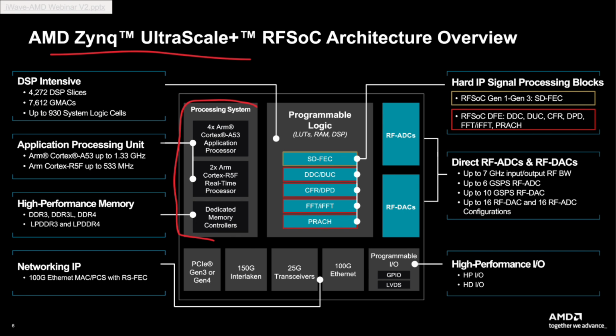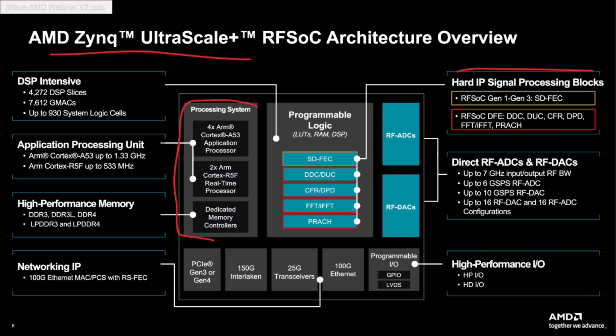Now, when you get right down to the programmable logic, that's what adaptive SoCs are known for. Let's think of it as a sea of adaptable logic that you can program any way you want. Of course, we have DSPs, system logic cells, and other functions. But within that programmable logic, we have hard signal processing blocks.